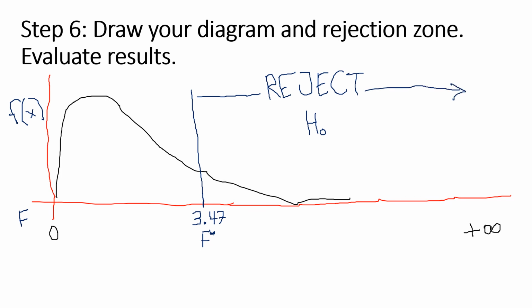And let me just drag that up a bit more. If we get anything that falls over here, so an F value of 0 to 3.47, you'd get an F value of 0 if basically your numerator and your denominator were both the same value, right?